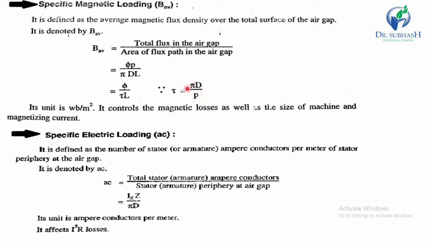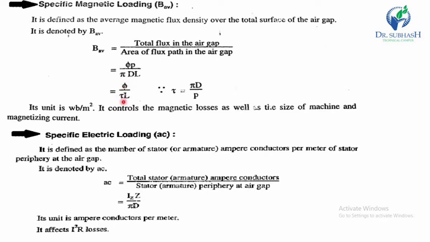We know that pole pitch is equal to total periphery divided by number of poles. So total periphery, which is pi D, divided by number of poles P, so pi D by P is equal to tau.